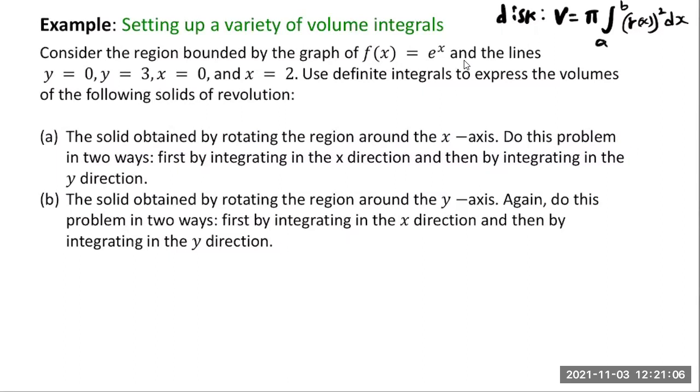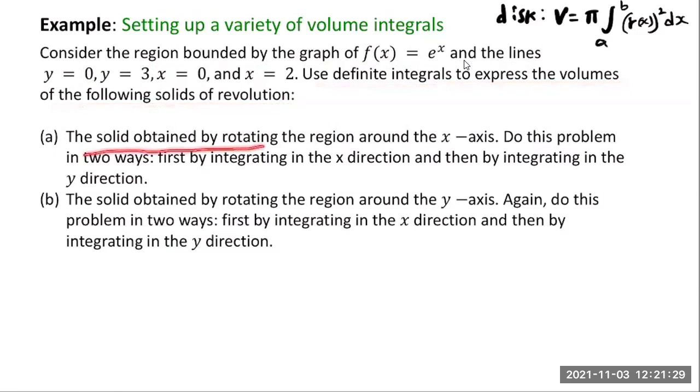All right, here is the next example that I want to go over. Consider the region bounded by the graph of f of x is equal to e to the power x and the lines y is equal to 0, y is equal to 3, x is equal to 0, and x is equal to 2. Use definite integrals to express the volumes of the following solids of revolution.